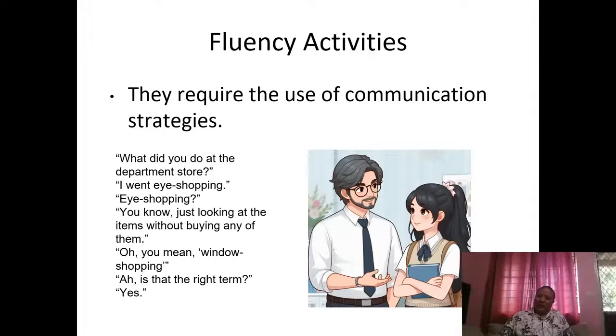Okay, there are other foreigners, for example, who didn't know the word balloon, so they invented their own term, air ball. They use the term air ball for balloon. That's one strategy of trying to communicate. You create your own term, like eye shopping.